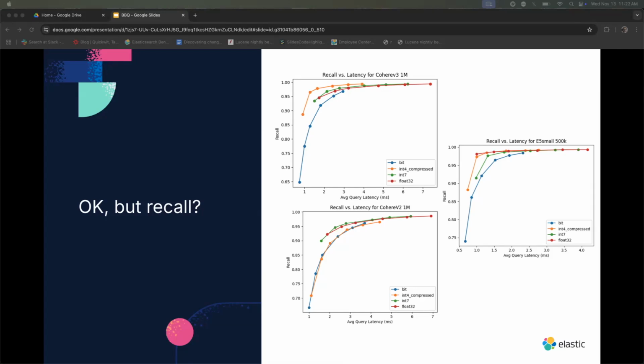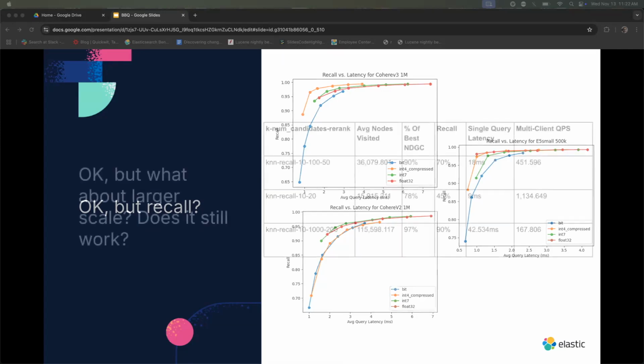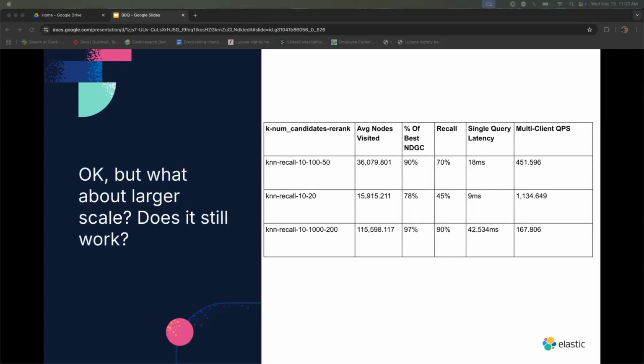So let me talk about this one other way. In case you didn't know, Elasticsearch has this thing called Rally, which allows you to do benchmarking against Elasticsearch clusters. And we have a medium to large vector benchmark, which is 134 million documents of 1024 dimensions.